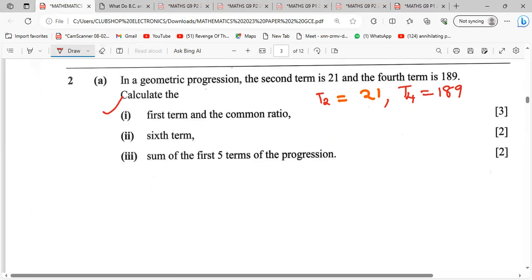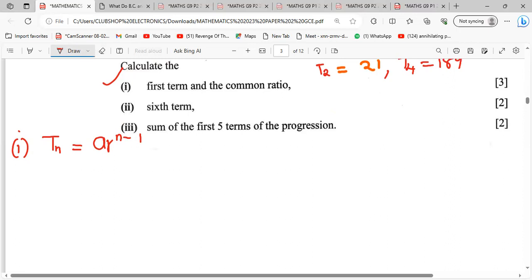Applying therefore that for Roman numeral 1, we can use the general expression for the nth term of a GP, T subscript n equals AR^(n minus 1). Implying that for T subscript 2, our n is 2, you can check.